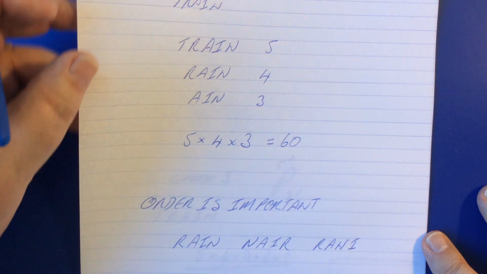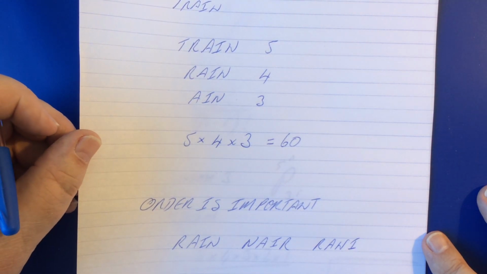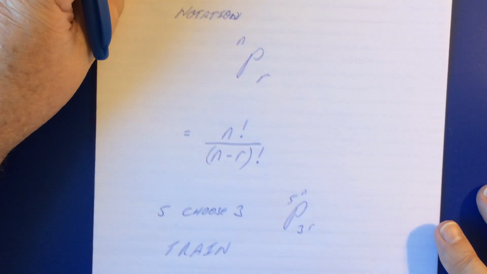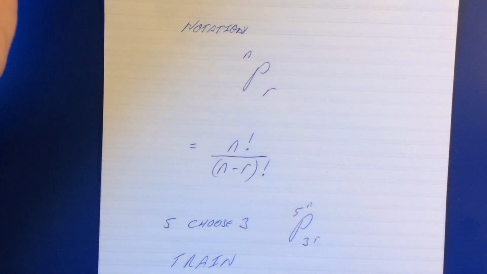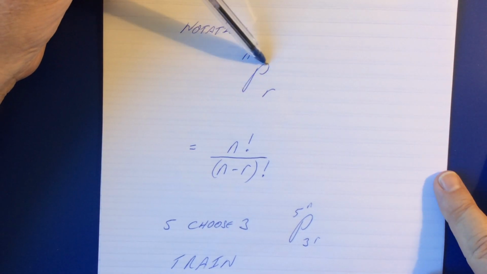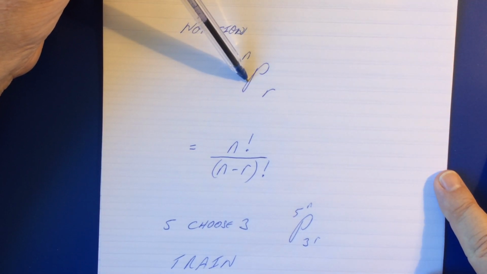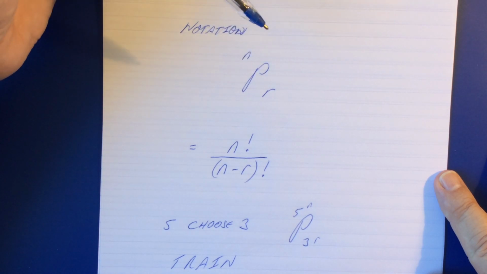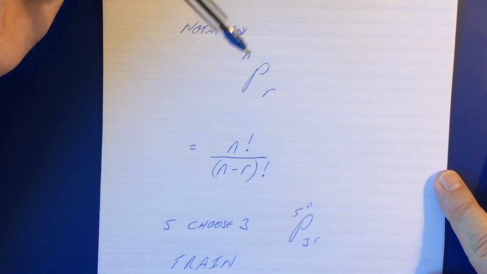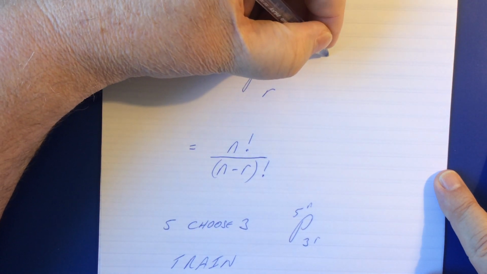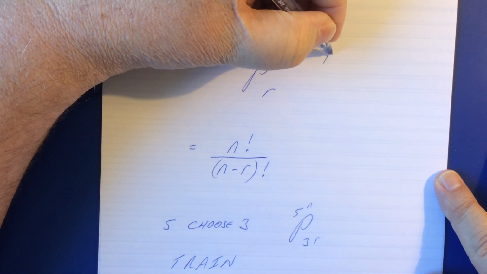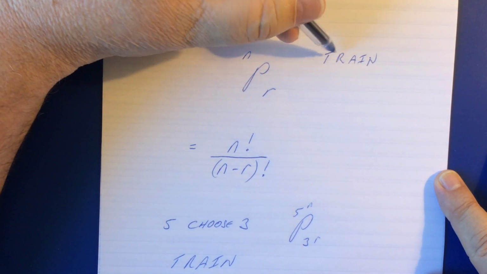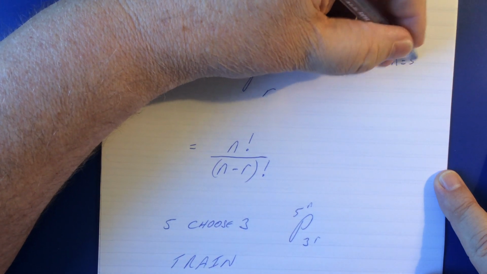Right, so where do we move from here? Well, I think the idea is to get this into some sort of formalized notation. Now, the big P stands for permutation. And n is the number from which we have to choose. So if we take the word train, we're choosing from 5 letters, so n is equal to 5.